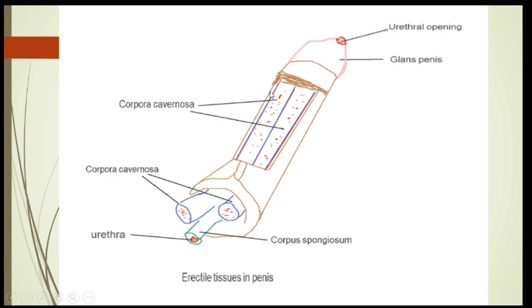Now you can see this is the dorsal region of the penis, and as we have discussed, on the dorsal region the corpora cavernosa, these two columns, are seen. From the top we cannot see the corpus spongiosum, because corpus spongiosum is the column that is found below the corpora cavernosa.